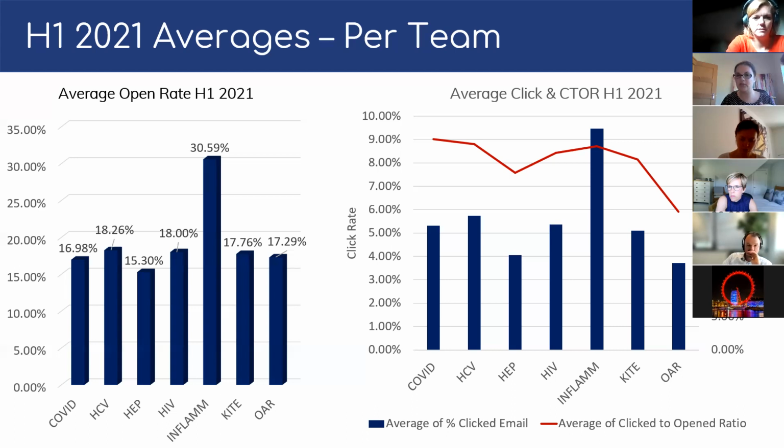Looking at your strategies, what we're sending, when we're sending, who we're sending it to, is certainly going to help us improve those open rates. We can do some subject line testing, absolutely. But I think it's definitely going to come down to that strategy element. So in terms of numbers, HIV on 18%, not too bad. I'd like to see everyone closer to 20%, maybe 25%. That would be where I'd like to see you guys.